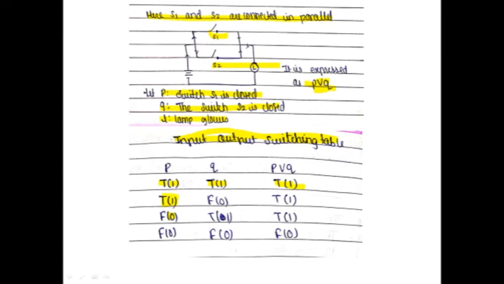If S1 is closed and S2 is open, then also the current passes through, so the truth value is true. If S1 is open and S2 is closed, then also the current passes through because they are connected in parallel. And if both the switches are open, then the current does not pass through, so it will become false.